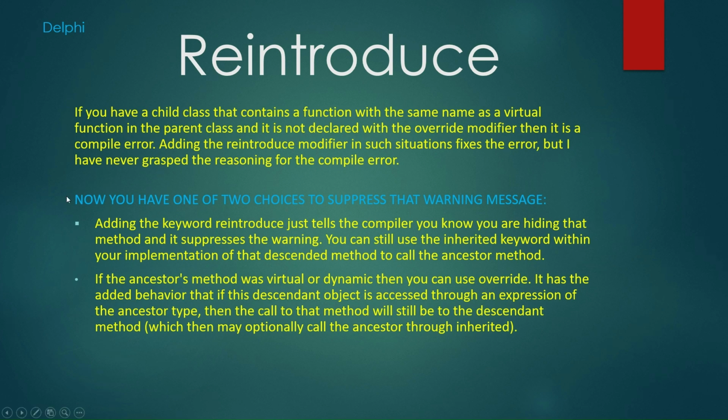Now we have two choices to suppress that warning message. First, we can use the reintroduce keyword. Otherwise, we can override the method that is declared as virtual or dynamic in the parent class. Let's take one example.